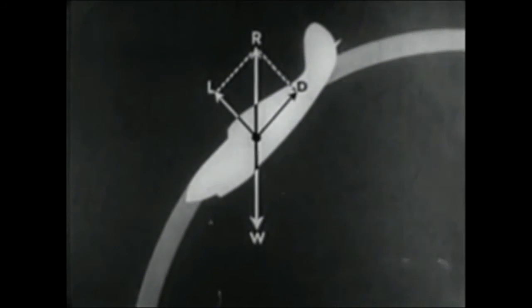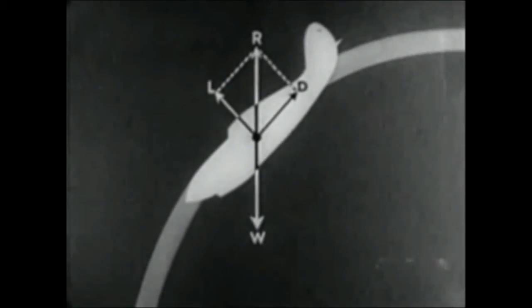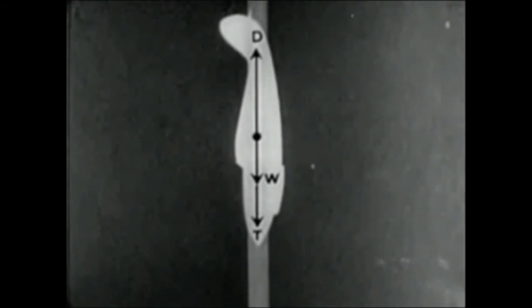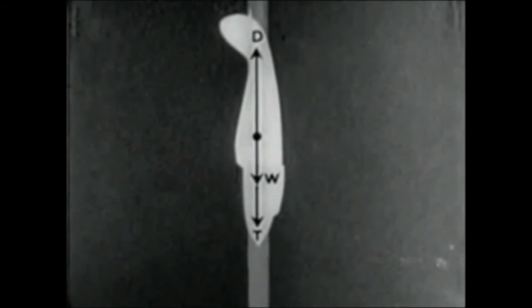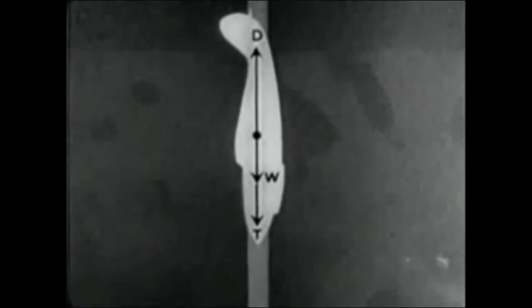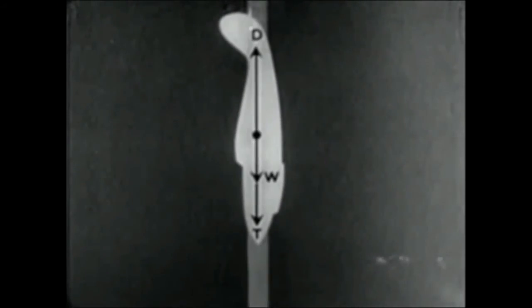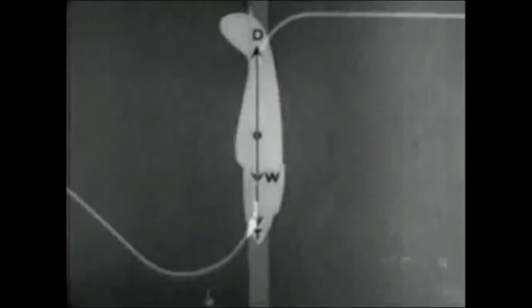Lift decreases, since in this attitude the weight of the airplane is opposed by the resultant of lift and drag. As the flight approaches the vertical, speed increases until the terminal velocity is reached in the so-called vertical dive. In this condition, lift is 0, and the weight of the airplane plus its thrust are opposed by drag alone.